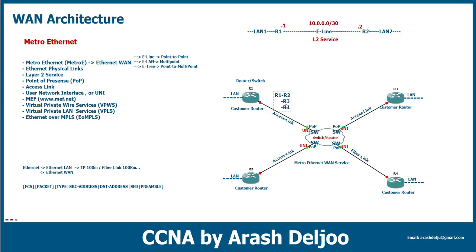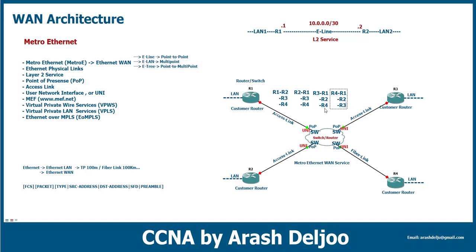Okay, that means R1 needs 3 connections. Also R2 should connect to R1 and to R3 and to R4. And then R3 needs connectivity to R1, R2, and also R4. And finally, R4 should connect to R1, R2, and R3.